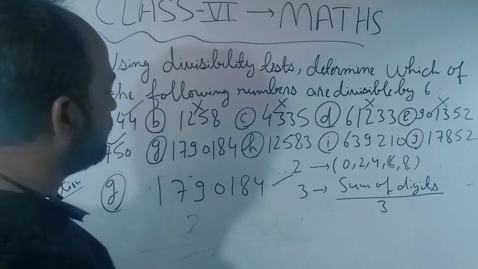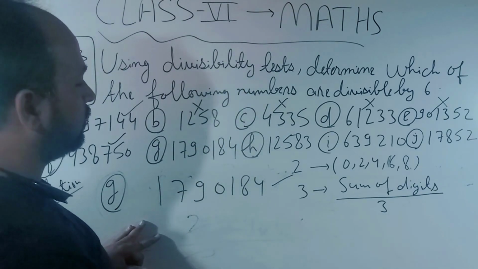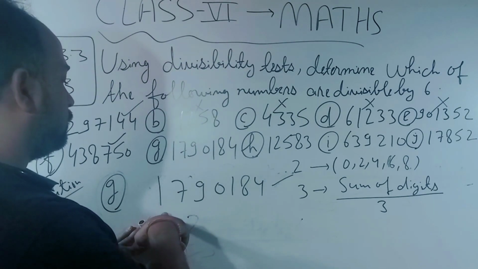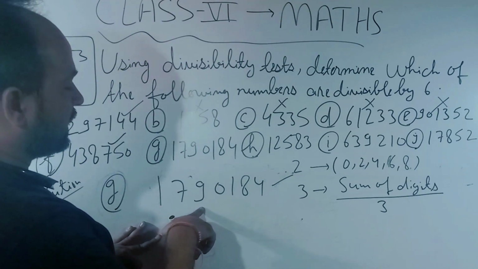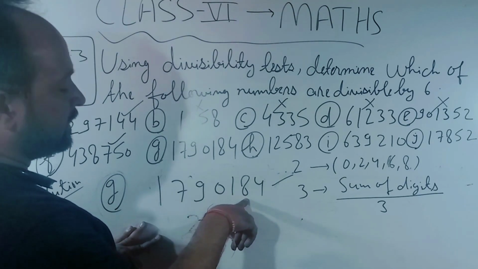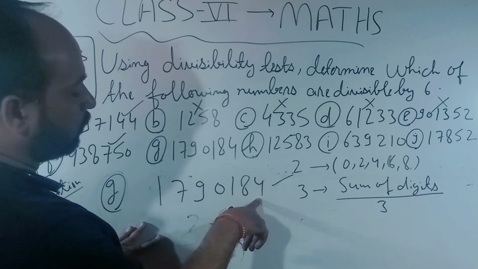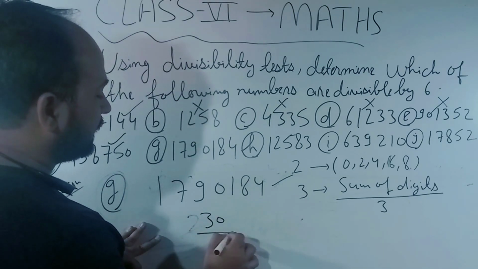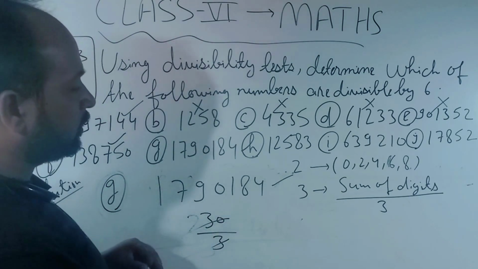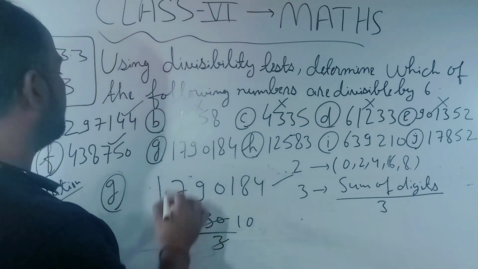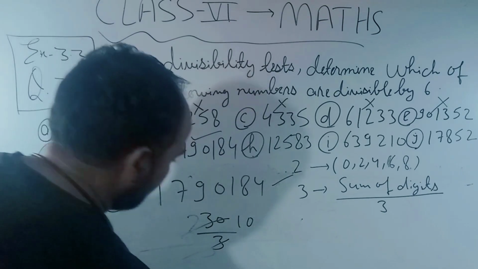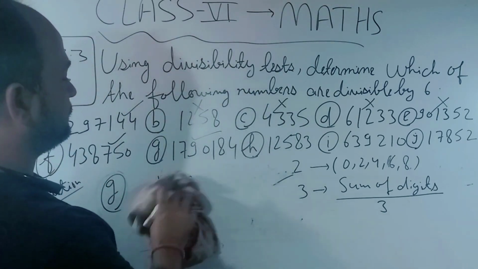Now we will check the divisibility by 3. 1 plus 7 is 8, 8 plus 9 is 17, 17 plus 0 is 17, 17 plus 1 is 18, 18 plus 8 is 26, 26 plus 4 is 30. 30 can be divided easily by 3, and there will not be any remainder, so we can easily say this number will also be divisible by 6.